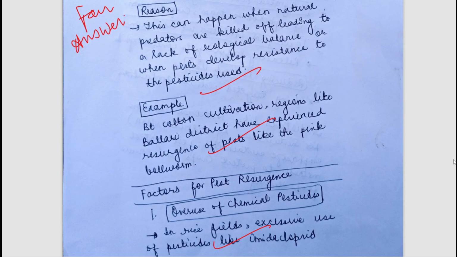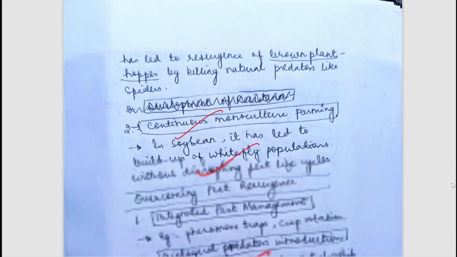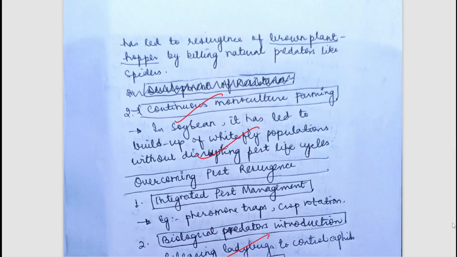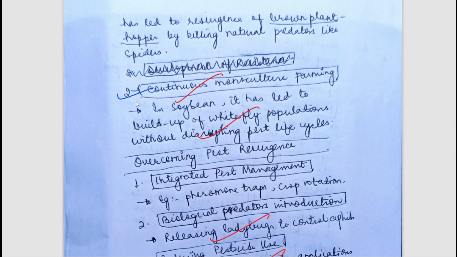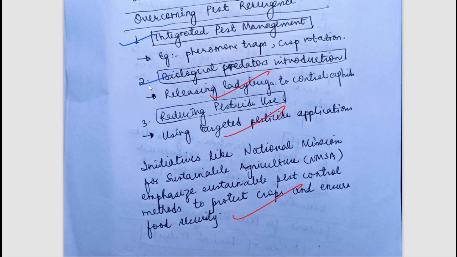Reasons are given, examples are given, factors are also given: overuse of chemical pesticides, continuous monoculture farming. Obviously, how can we overcome pest resistance? Integrated pest management. We can use biological predators. We can reduce pesticide use, or you can judiciously use pesticides. These are some of the measures. Obviously, a nicely written answer. Now let's move to the next question.